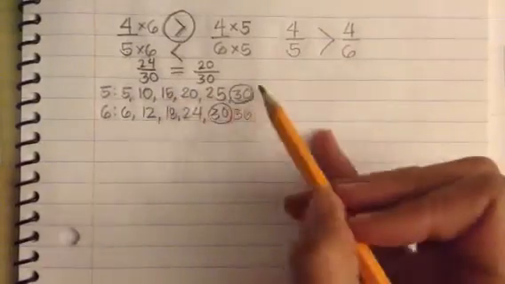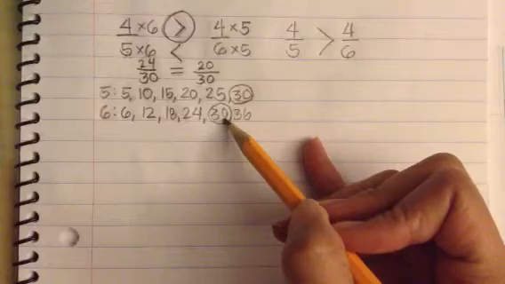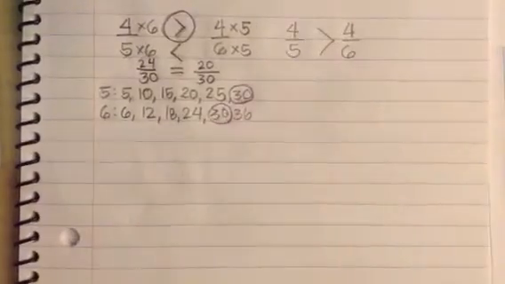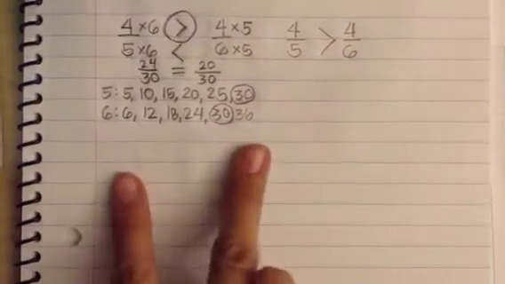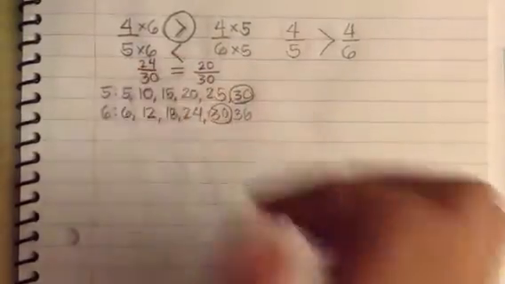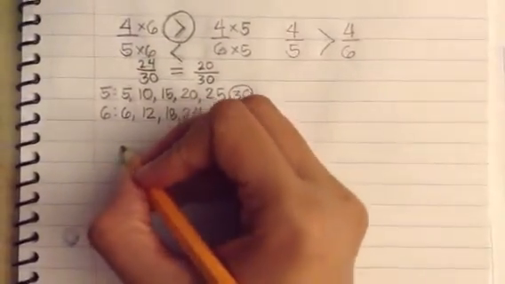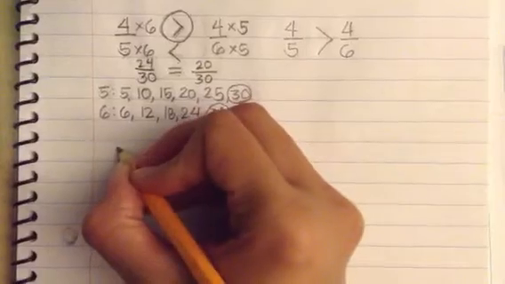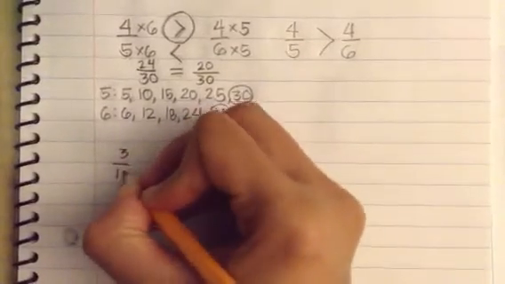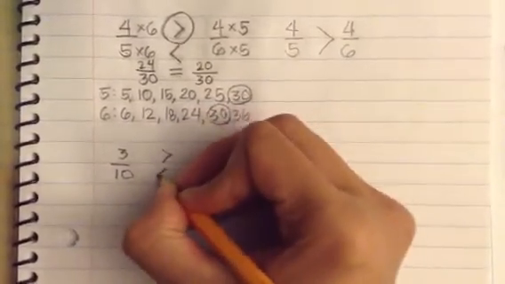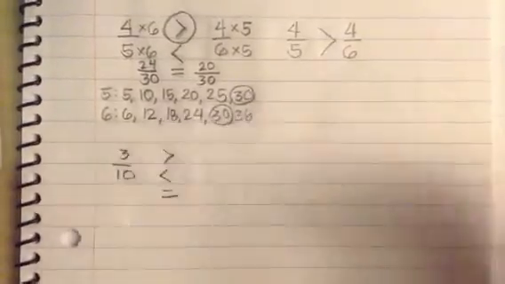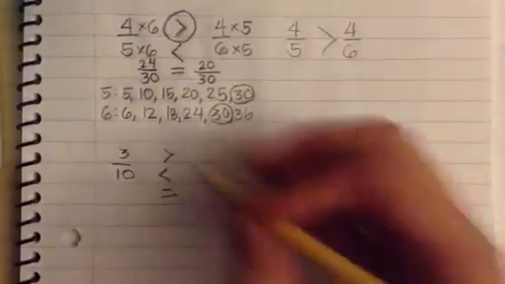Okay? There's another strategy you can do instead of finding multiples. I like to do it this way because I like to find the lowest common multiple. But you can also multiply the denominators with each other. So, for example, if I had the fraction 3/10, and I was trying to compare it to 4/11.